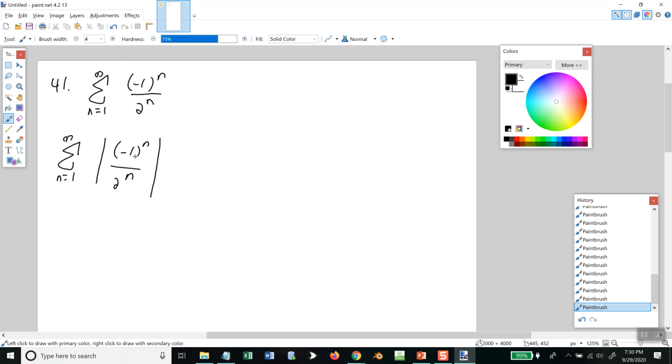You can take the absolute value of it. Yeah, it always disappears. Now 2 to the n power, assuming n starts at 1 and goes up, even if it didn't start at 1, will 2 to the n ever give you a negative number? No. So I can drop that.